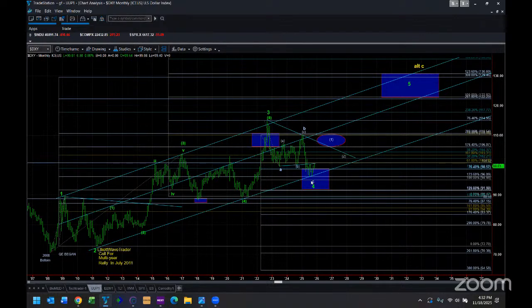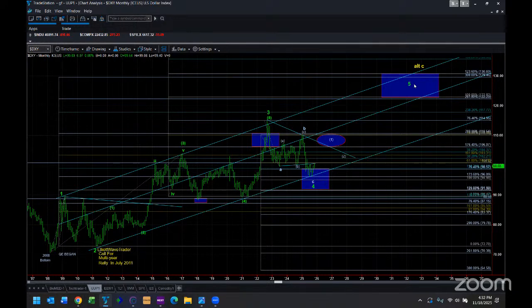But should I see an impulsive five-wave structure take us up to the 106 region over the coming year or so, or even higher up to 110, if I see a five-wave structure take us out of here to here, ladies and gentlemen, that is going to be a strong signal that we are about to see a multi-year, it could even be a decade-long rally in the dollar.